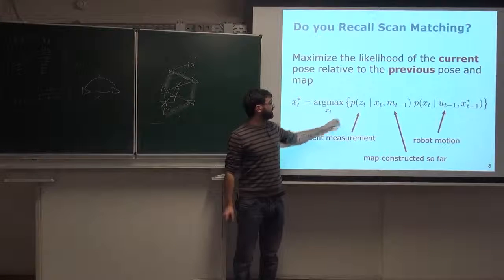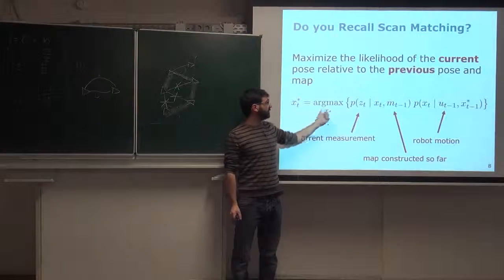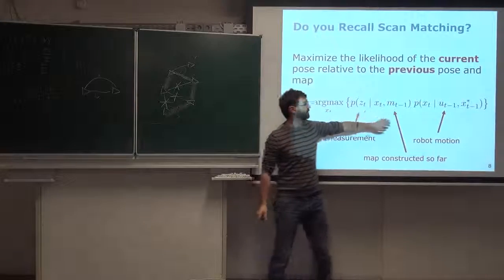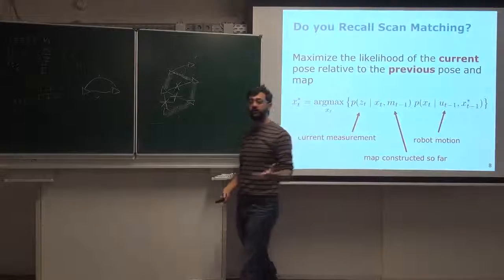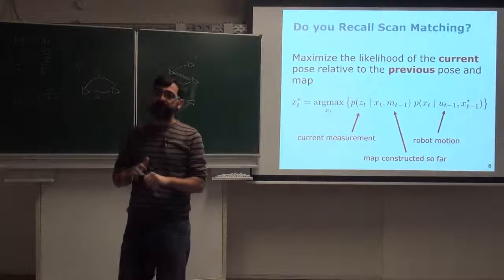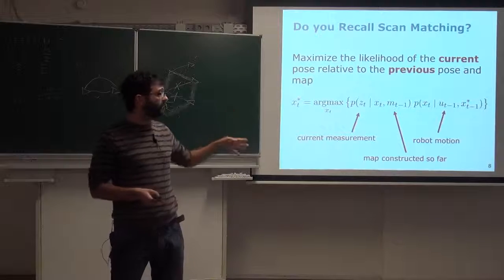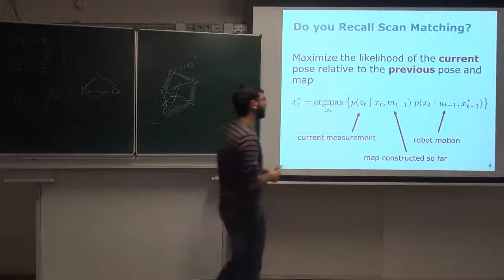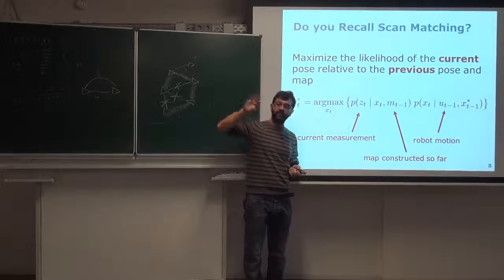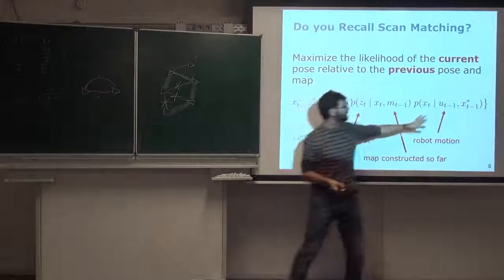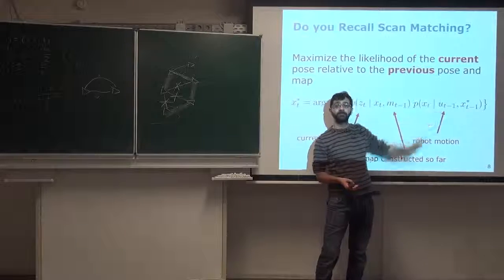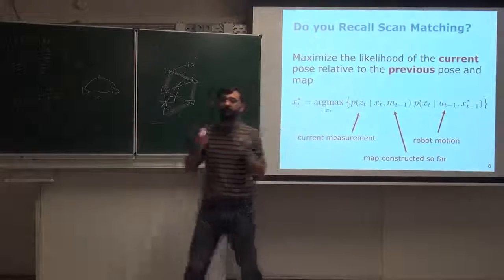Now, the idea here is that we want to find the pose that maximizes the likelihood and is also consistent with the odometry. No? So that was the idea of scan matcher, and there are several ways of doing this. When we go to the full data association in the loop closing part, we normally do not really have this odometry, so we just assume that the robot stays still.